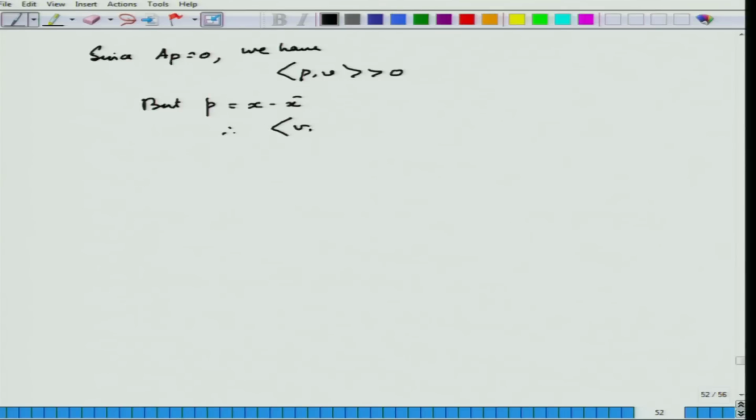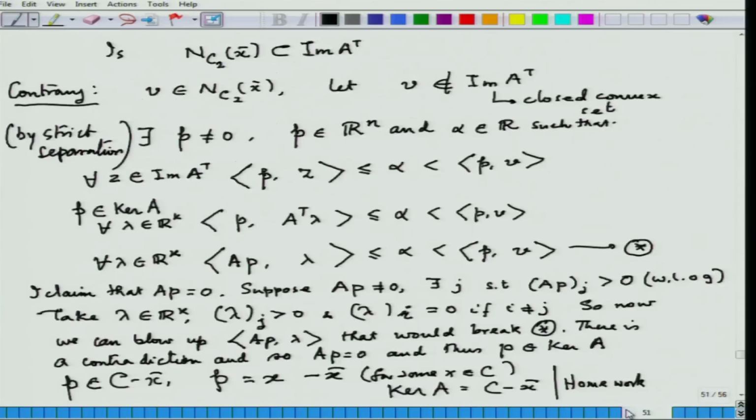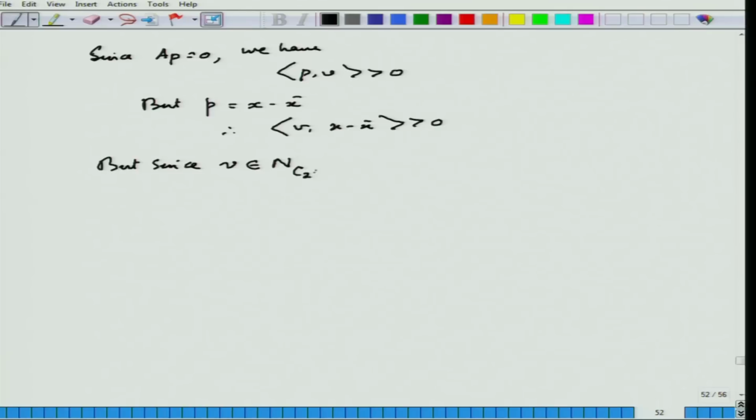Therefore, V of x minus x bar is strictly greater than 0, but since V is an element of N C2 x bar, that would imply V of x minus x bar is less than or equal to 0, and thus a contradiction.